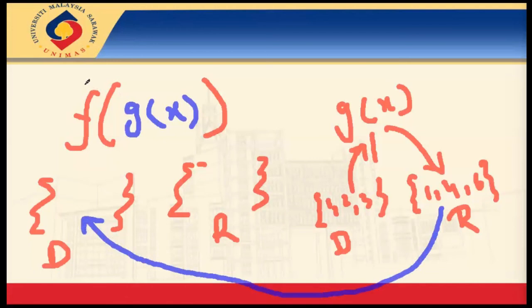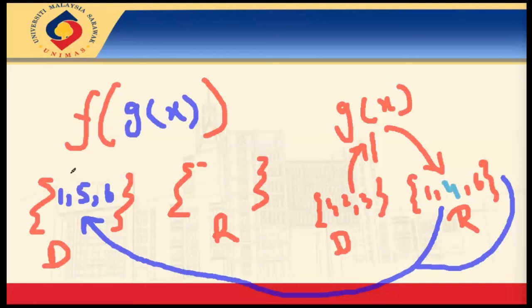So let's suppose here the values are 1, 5 and 6. Now you see, the domain of f is 1, 5, 6, but we know that this domain comes from the range of this function, right? So here 4 should be included, but it is not included.